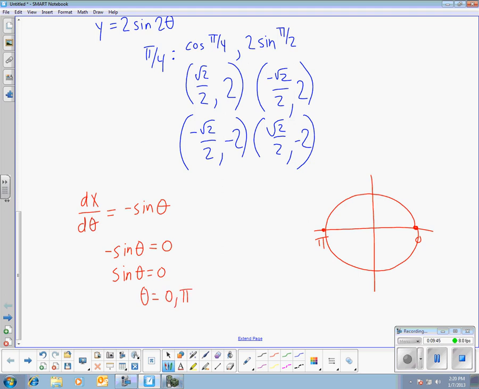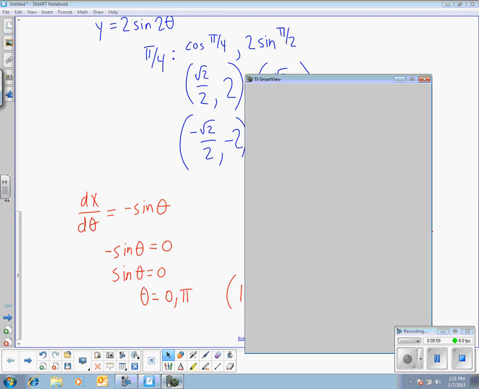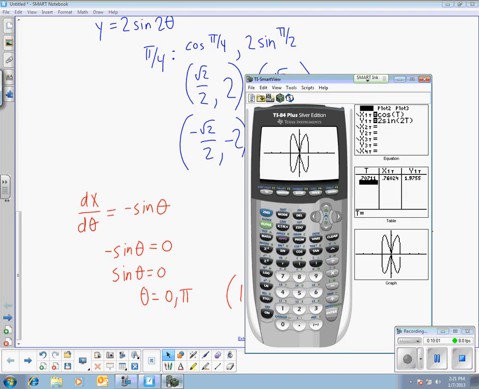Then you just plug 0 and pi back into your original 2 equations. I'll cut to the chase to make sure this doesn't go too long. Plug in 0 and pi, and your 2 points are (1, 0) and (negative 1, 0). And again, look at your graph: (1, 0) here, (negative 1, 0) here. Those are the two locations where we have vertical tangents.